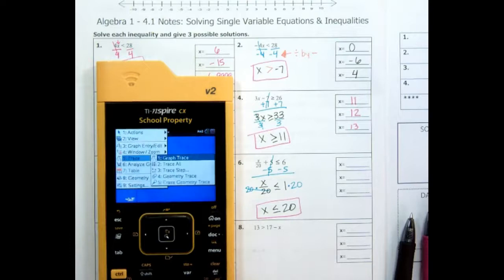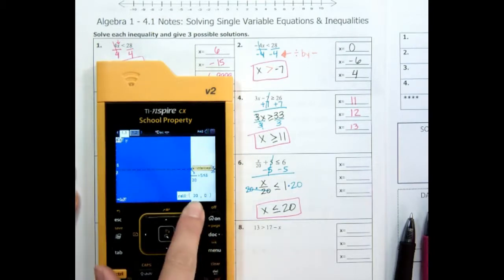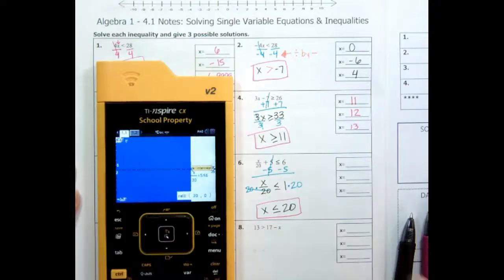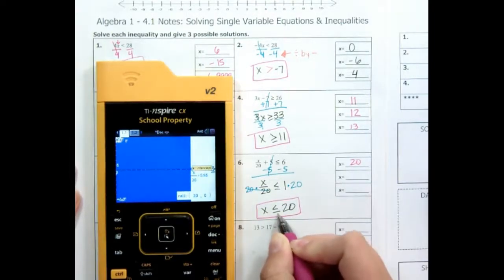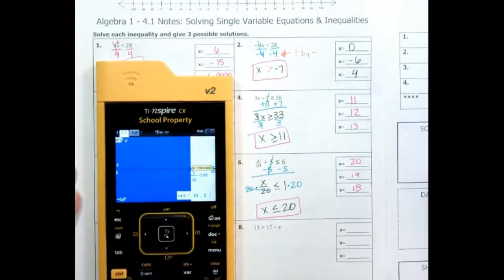So let me trace it. And it tells me my answer is at 20. The things that are less than 20 are shaded. So I just need to pick something that's less than or equal to 20. Well, 20 works because there's an equals to. And then things less than 19, 18.